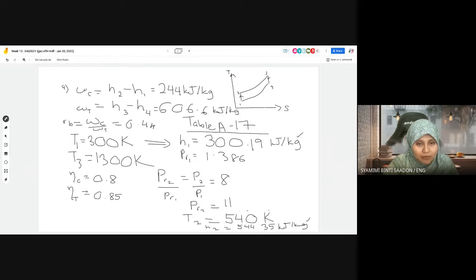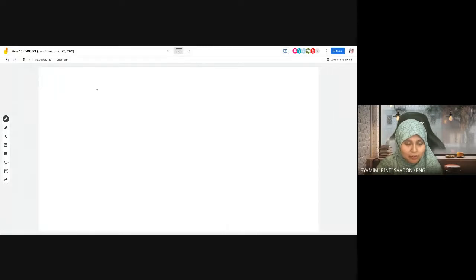Okay, second one, before we finish, 5 minutes more. The second one is thermal efficiency. Thermal efficiency is W net over Q in.